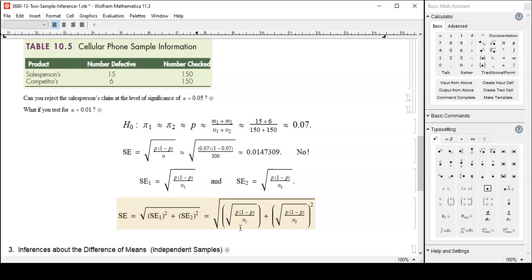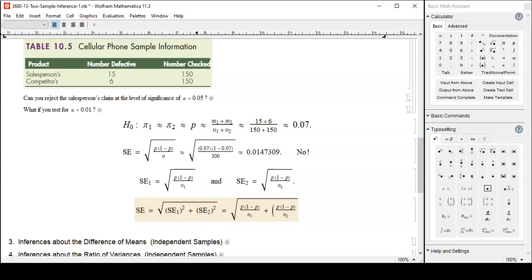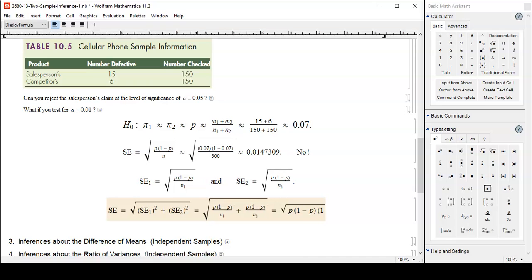So this square gone, and this square root gone, this square gone, this square root gone. And now what do we have? We have p1 minus p common, and what's left is 1 over n1 plus 1 over n2.